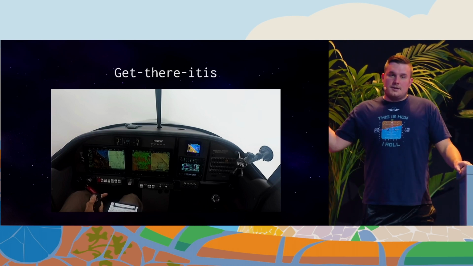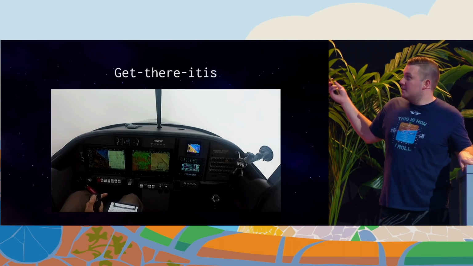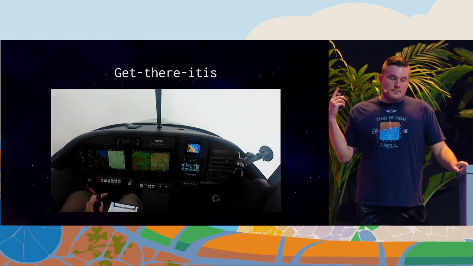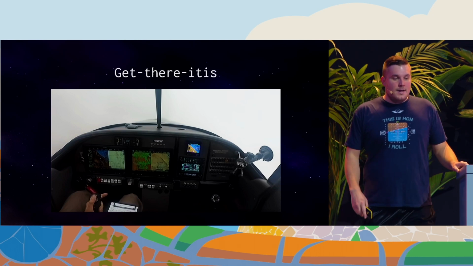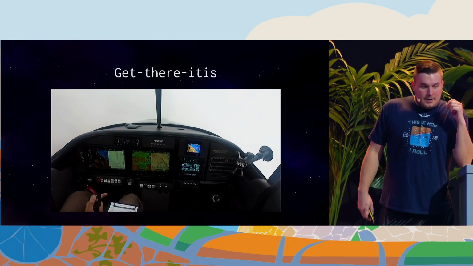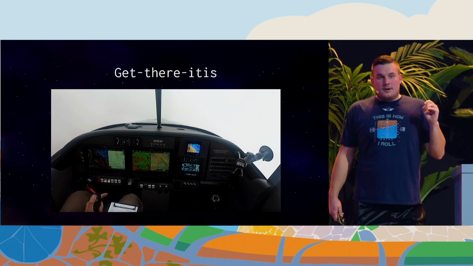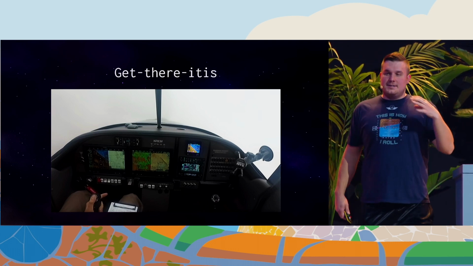Next thing you know, he's stuck in a cloud, and now this is an emergency situation because he didn't just turn around when the weather started getting bad. So if you find yourself working on a project and you're just trying to get to that deadline, that might be a case of get-there-itis, and maybe that means you should take a pause and think about, am I rushing this? Should I be slowing down and focusing more on security?